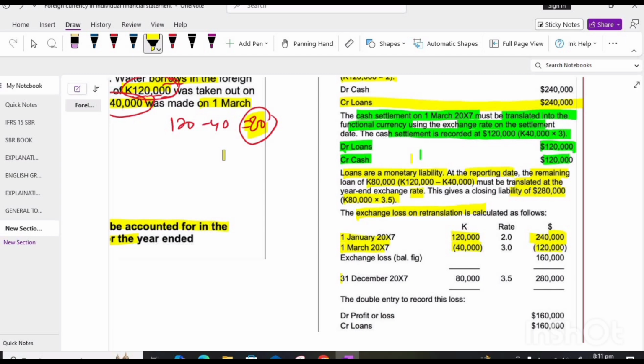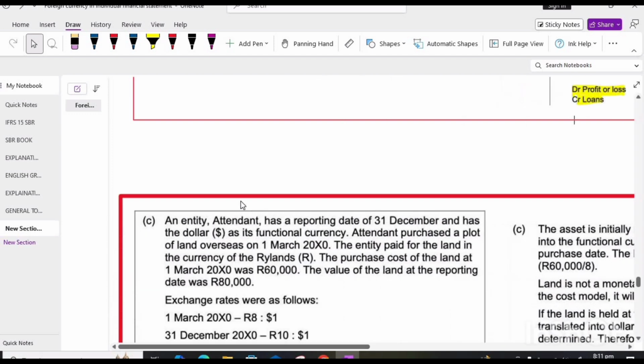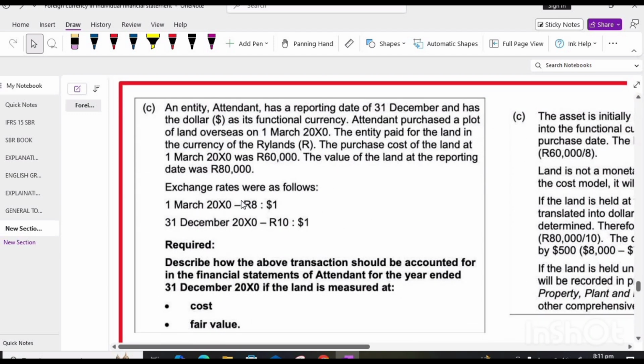If you remove this, then you will get 120. Now at the year end, your amount is 280. So the difference between the initial and the closing amount will be 160. This is your exchange loss. The debit will be profit or loss, and the loan will be credited, so the loan will also increase by this amount. Clear? Okay, now we have another example here.